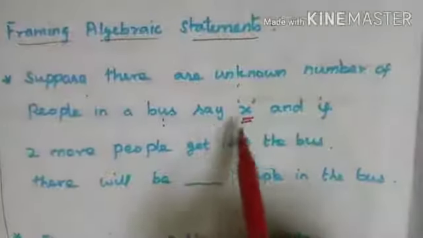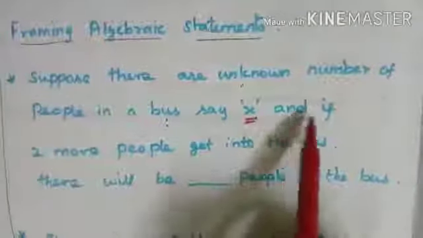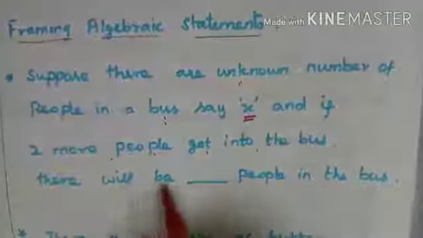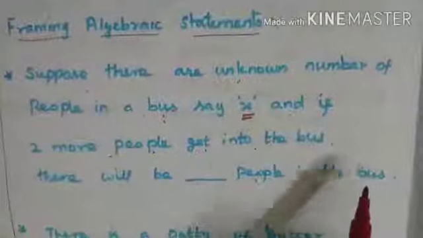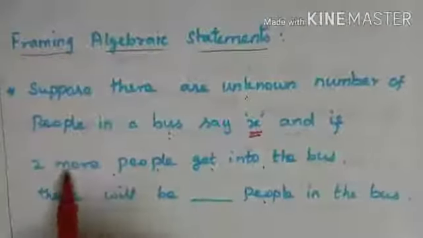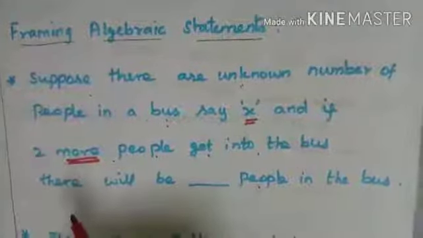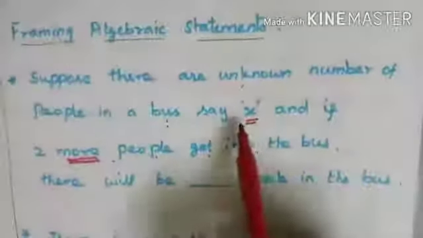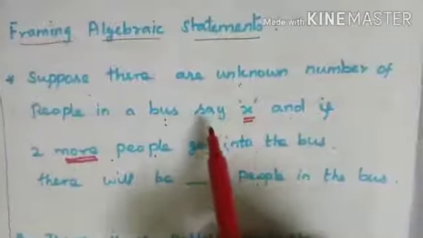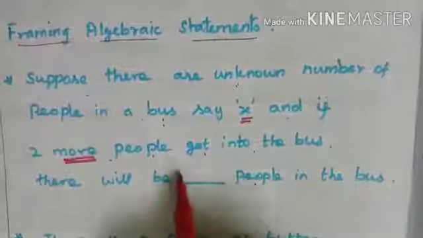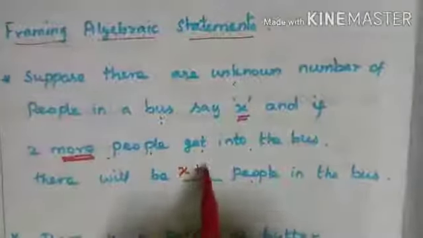So we have taken x number of persons, and if 2 more people get into the bus, there will be dash people in the bus. Listen here: 2 more. So for more, what symbol will we be putting? Yes, addition, isn't it? Now x persons are there in the bus; we have not counted the number of persons. Therefore x plus 2.